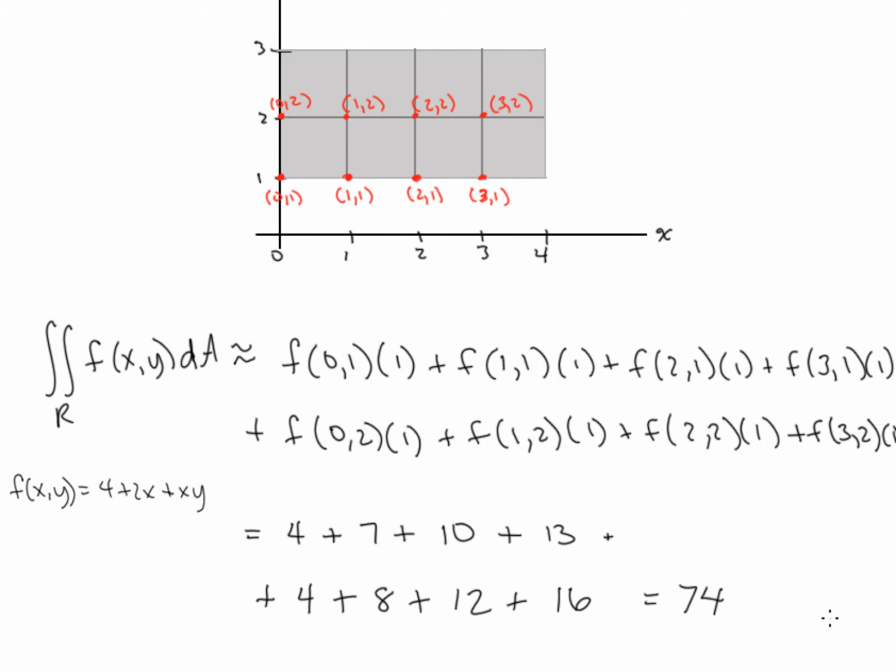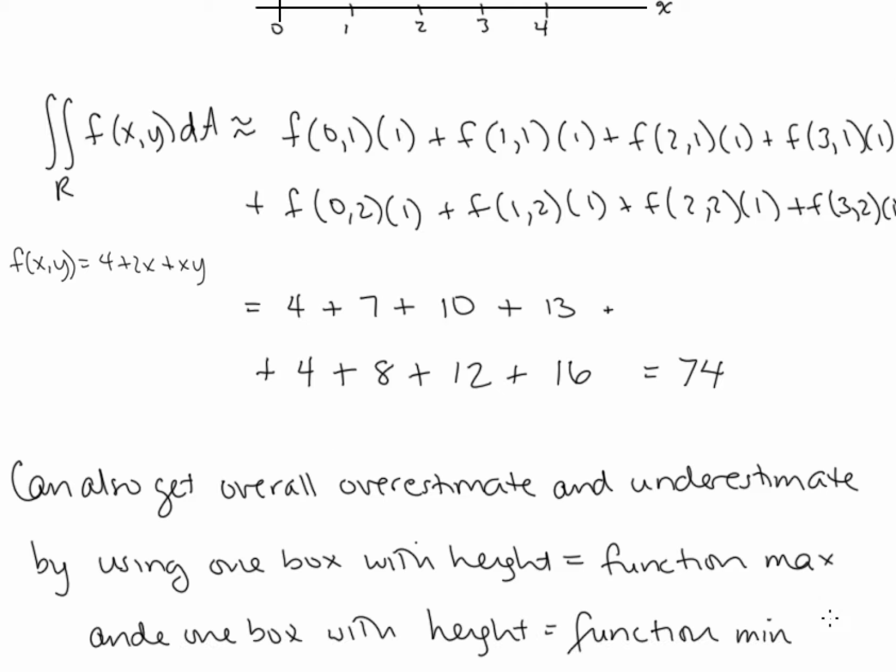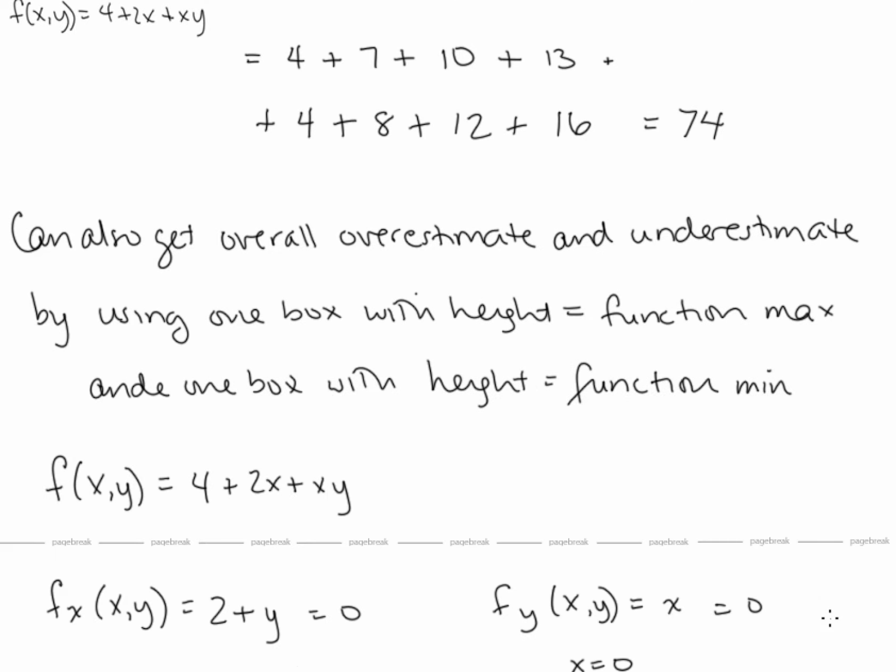Again, take a minute and see that you agree with those values. Now, to have just a more general idea of what kind of range this volume should be in, we could just take an overall overestimate and an overall underestimate using one large box.